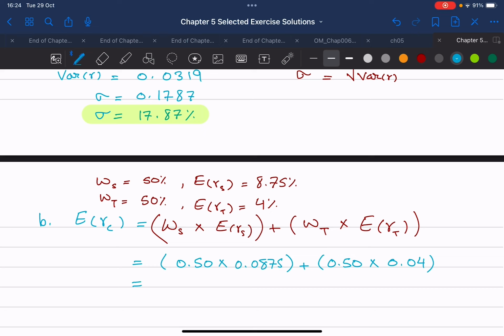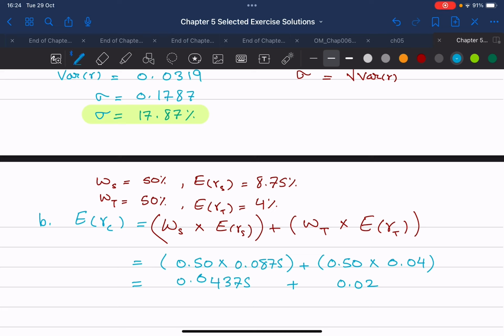Now let's calculate that. 0.5 multiplied by 0.0875 would give us 0.04375 plus half of the 4%. Of course, that's going to be 0.02.